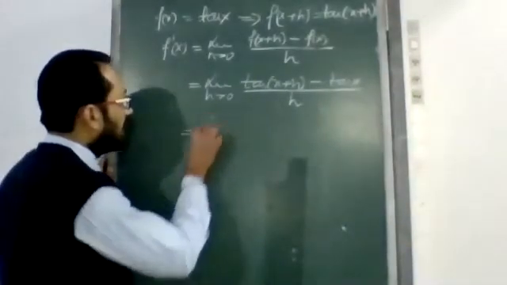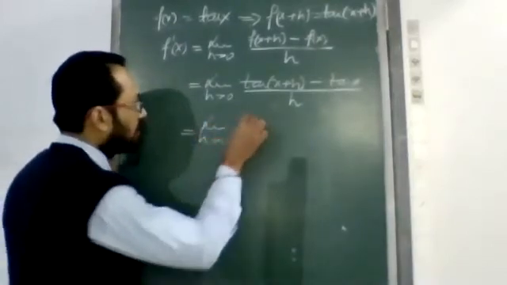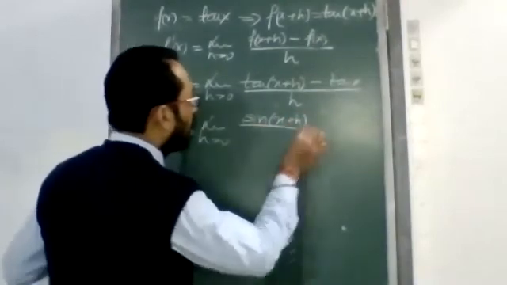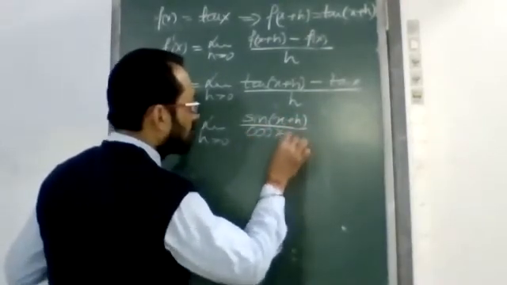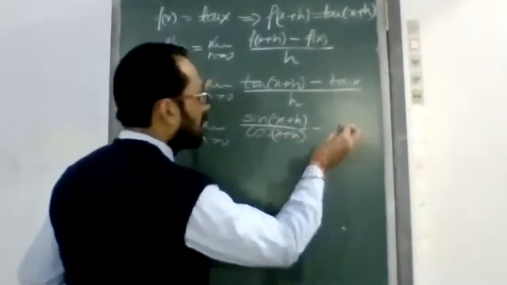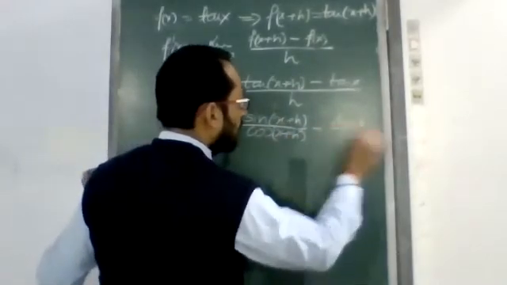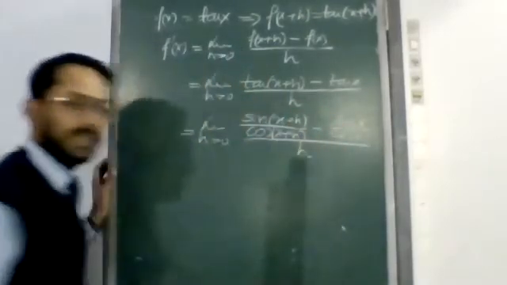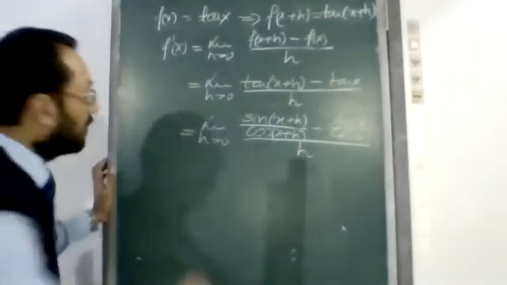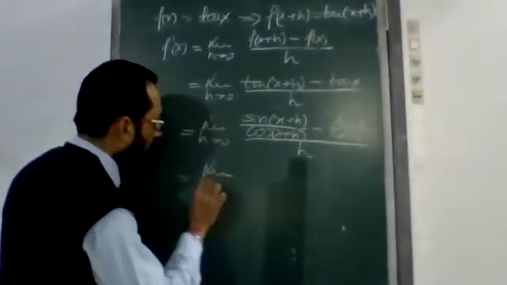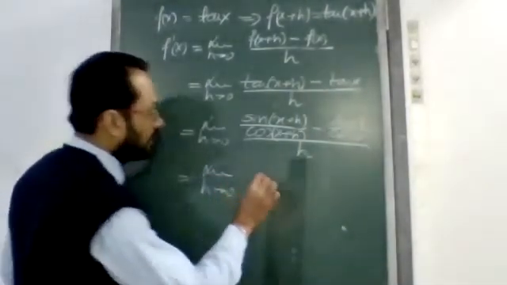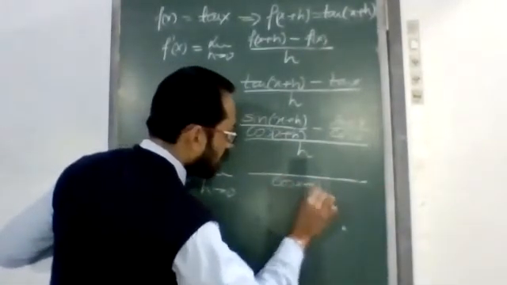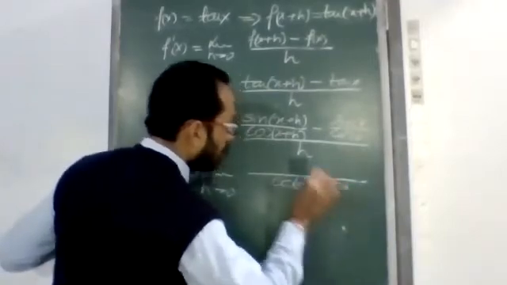So it will be limit of h tends to 0, sin(x plus h) upon cos(x plus h) minus sin x upon cos x, whole upon h. I'm taking LCM as cos(x plus h) into cos x.